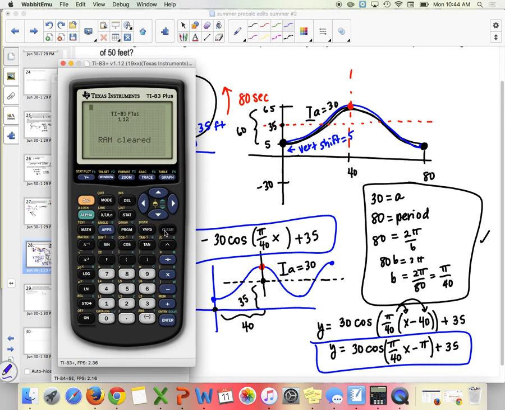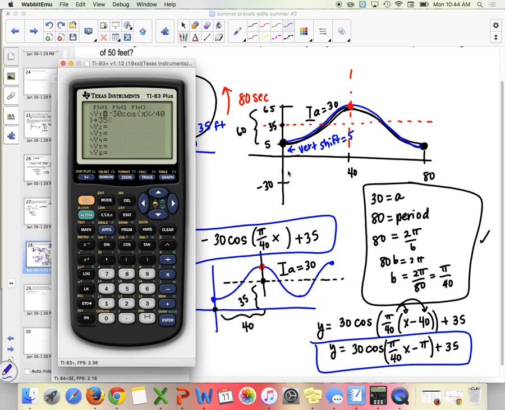All right, so if I go on here and I do, let's see, -30 cosine of pi over 40x, I'm going to do pi x over 40. Then I do plus 35.